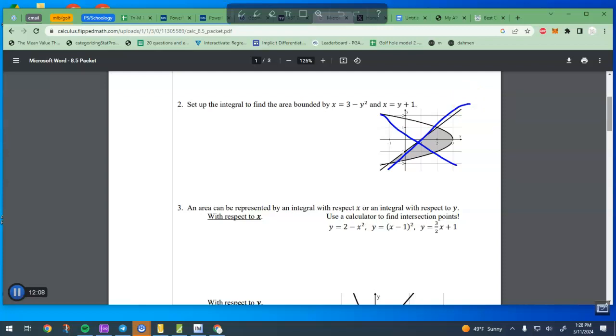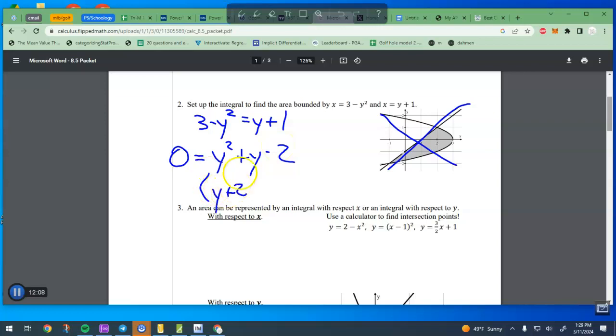Set them equal. 3 minus y squared equals y plus 1. I have to solve that. That's a quadratic, so I want it equal to 0. On that side, the y squared would be positive. The y stays there. The 3 would be subtracted, so 1 minus 3 is -2.